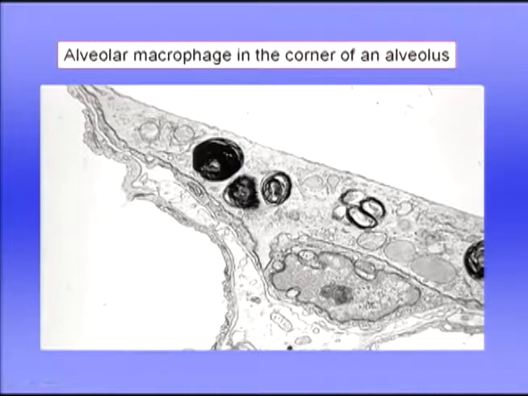You can always recognize surfactant by its sort of onion skin appearance, and surfactant, as we've discussed previously, is turned over rapidly, and the remnants of it have to be picked up, and here's an alveolar macrophage with its nucleus here doing its job. Okay, so that's all I'm going to say about the normal pollutants in the atmosphere.